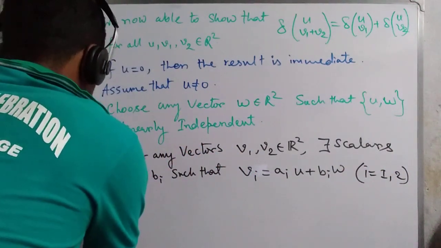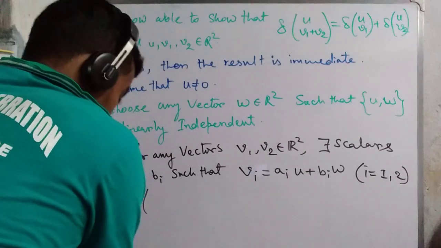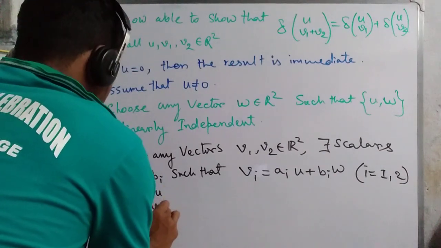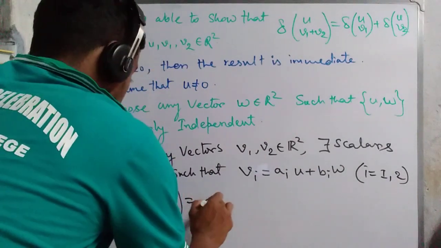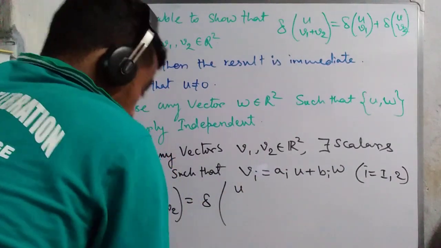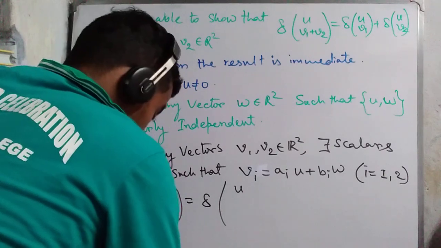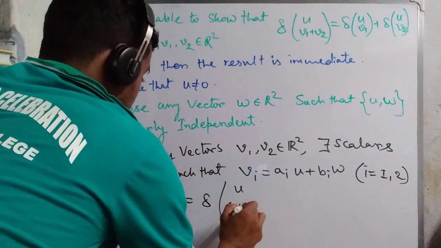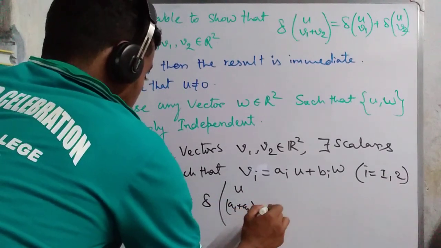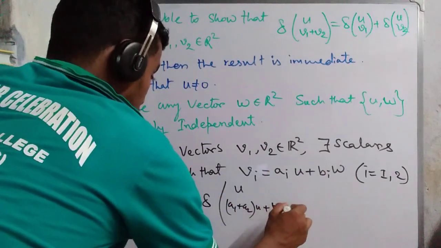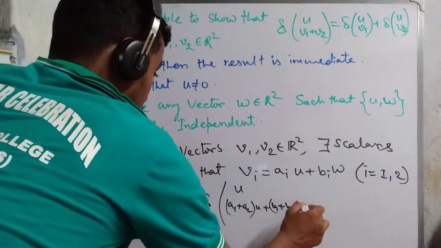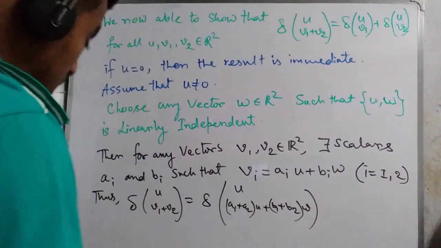Thus delta u, v1 plus v2, equals delta u, a1 plus a2 u plus b1 plus b2 w. Understood?